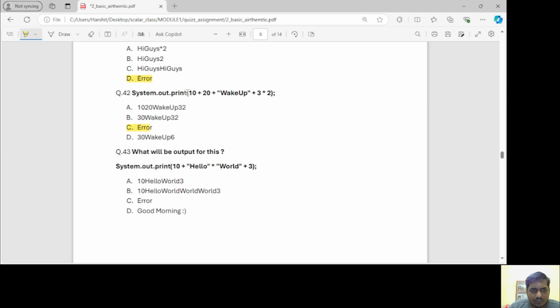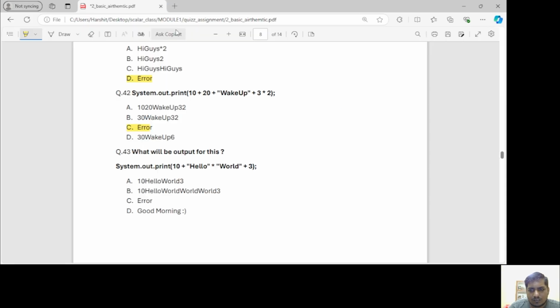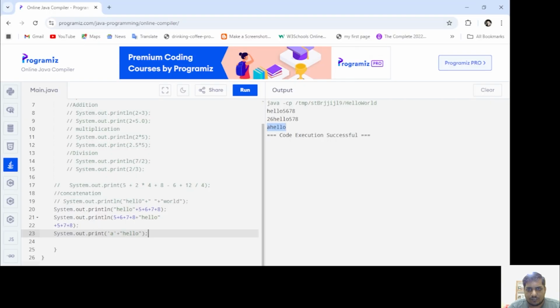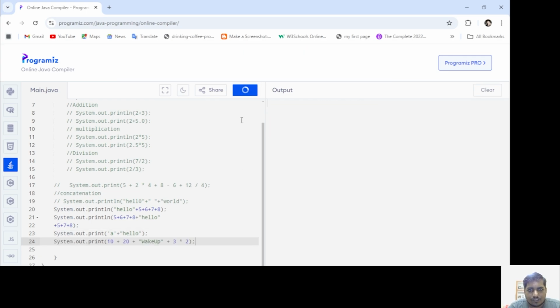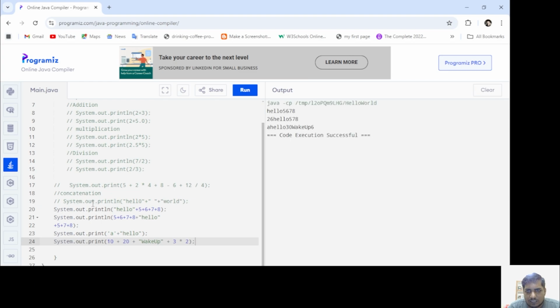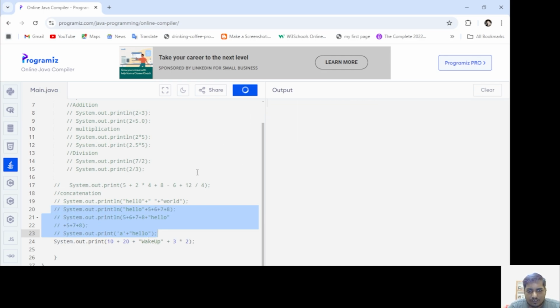See this question. Okay, just copy the question and see it in the terminal. See it very carefully. We have written the question here. Wait a second, I will comment all the previous ones. Now I will run it.